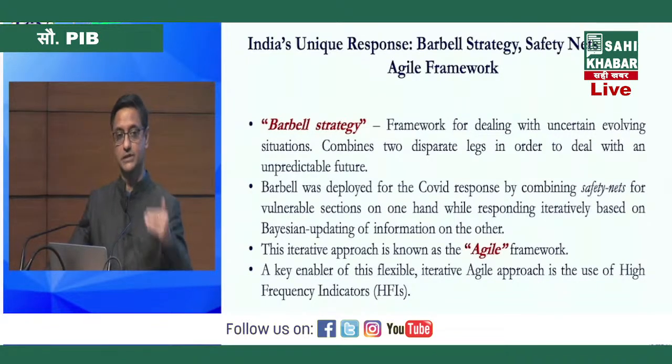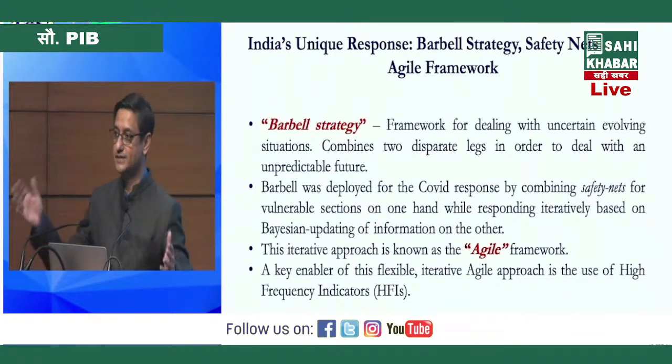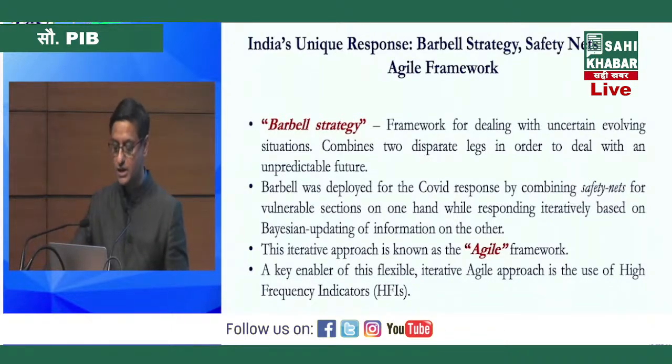Now, in the case of our immediate COVID response over the last 2 years, the way we used the barbell strategy was the following. On one hand, we used safety nets to provide a buffer for vulnerable sections, both of society and of the economy, whether it's MSMEs and so on. And on the other hand, we responded iteratively based on Bayesian updating of information. So rather than try and predict exactly how and when various waves and lockdowns will come, you use high-frequency data to keep track of what's happening and respond as quickly as possible.